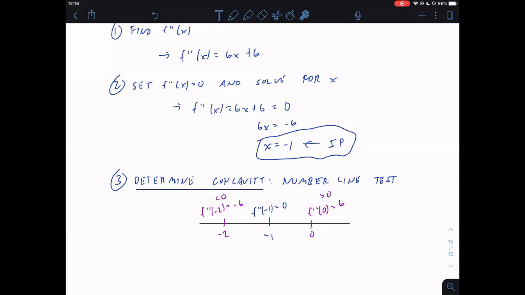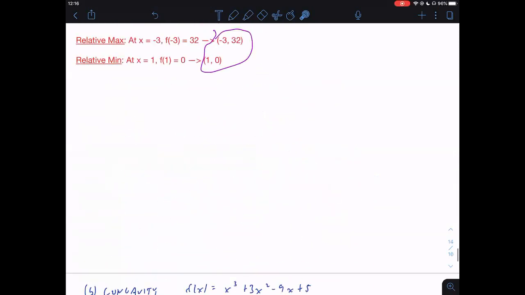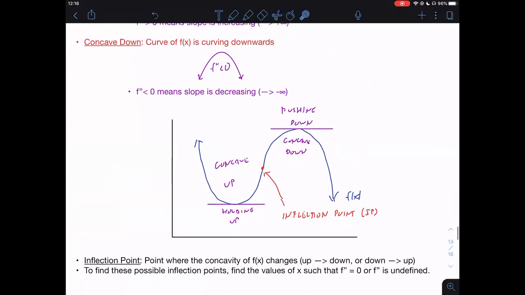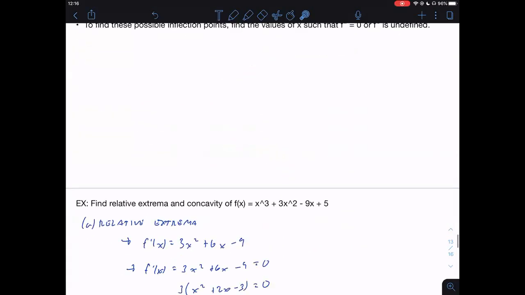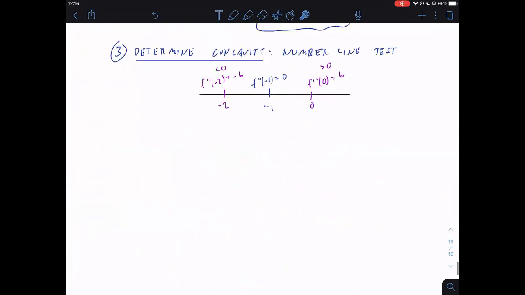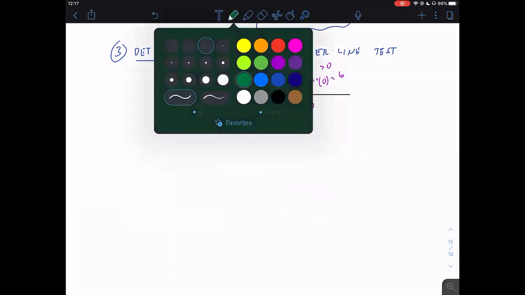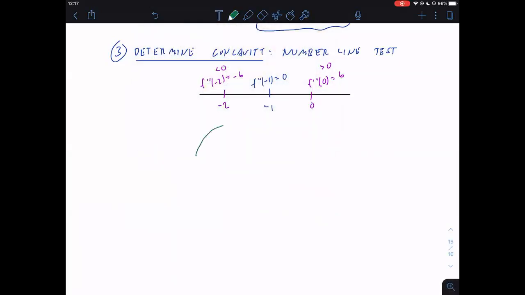This is telling me that before we hit x equals negative 1, before this inflection point, since the second derivative was negative, our function was opening downwards. It had a downwards type of shape before touching x equals negative 1. So our function was concave down before negative 1.